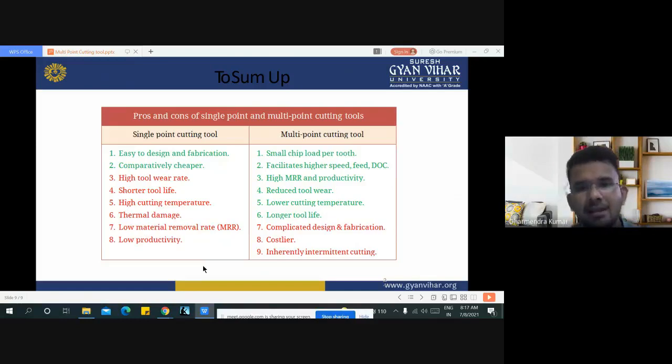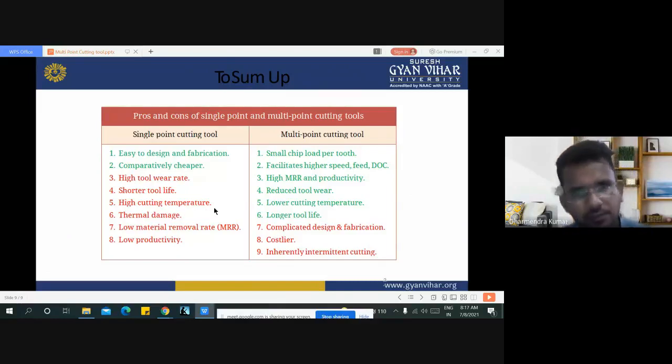The main reason for these differences is that in the multi-point cutting tool there are two or more cutting edges, but in the single point only one cutting edge. Here, reduced tool wear means the life of the multi-point cutting tool is longer compared to the single point cutting tool.